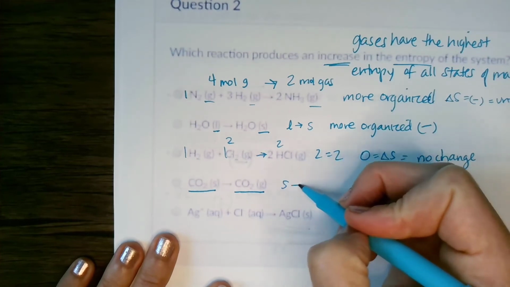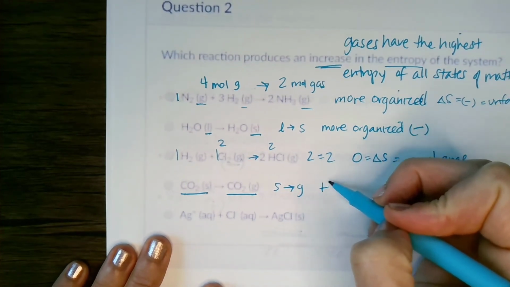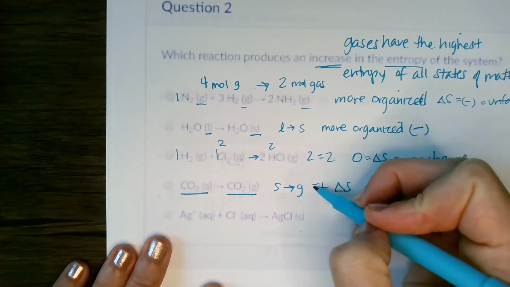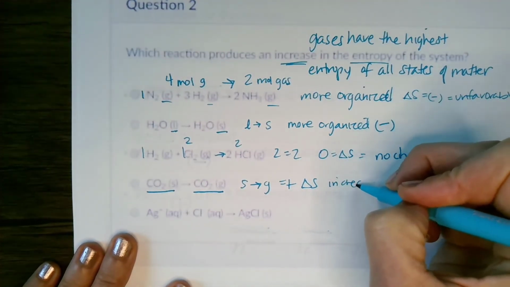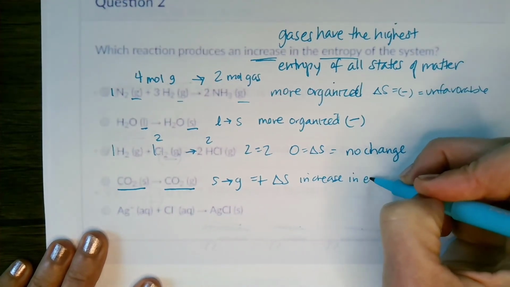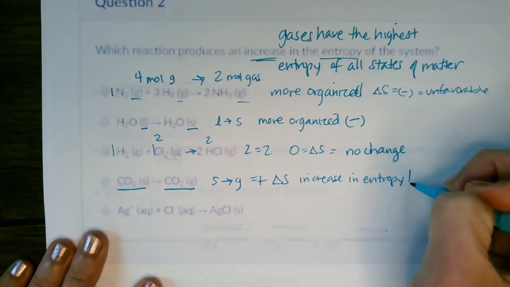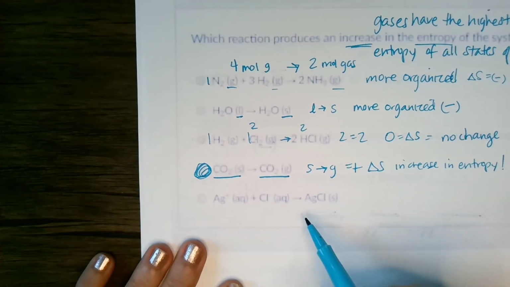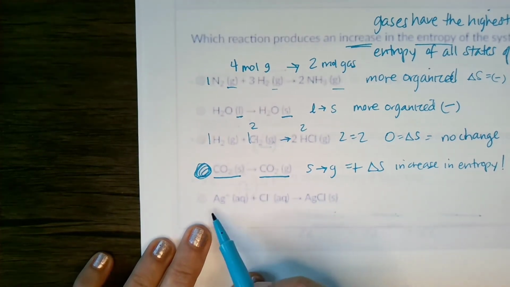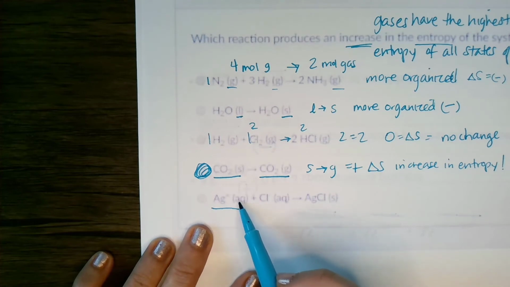Here I've got solid CO2 going into gas CO2. Oh, that's good. Solid to a gas. That definitely is a positive delta S. That is an increase in entropy. All right, so this looks good so far. Let's just check this one.